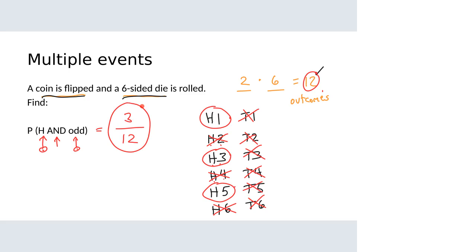So the probability is 3 out of 12. If you wanted to reduce this to 1/4, you could, but you don't have to. If you were asked to write this as a decimal, you would just do 3 divided by 12, and that's 0.25. So as a decimal, that probability would be 0.25.